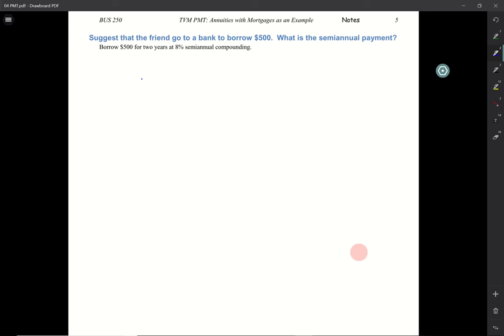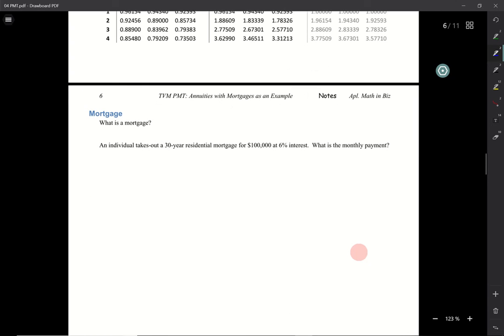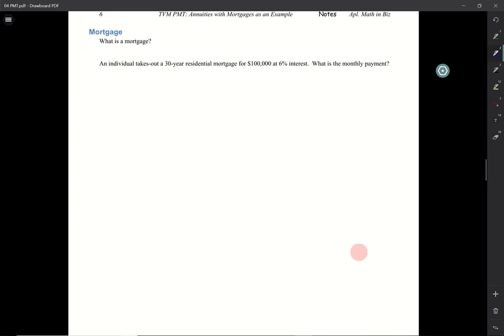But the question is, what would be the semi-annual payment to the bank? It turns out that it's related to a mortgage, which is what we want to think about next. So what is a mortgage?